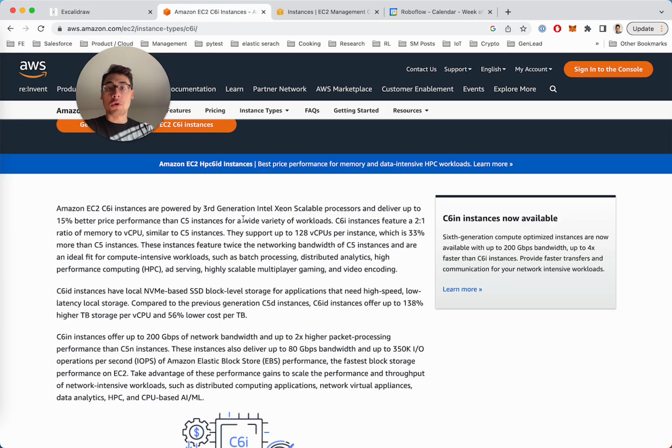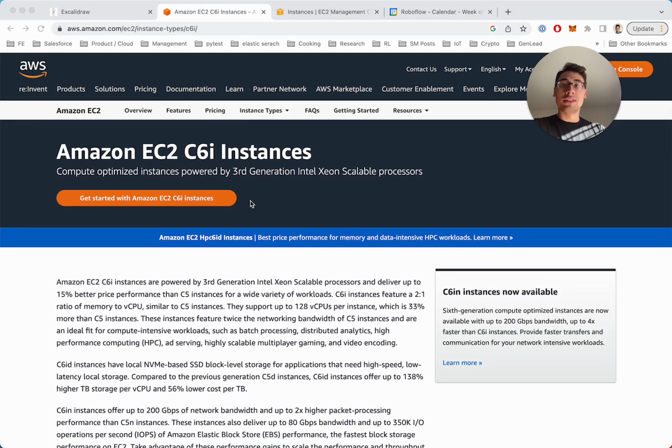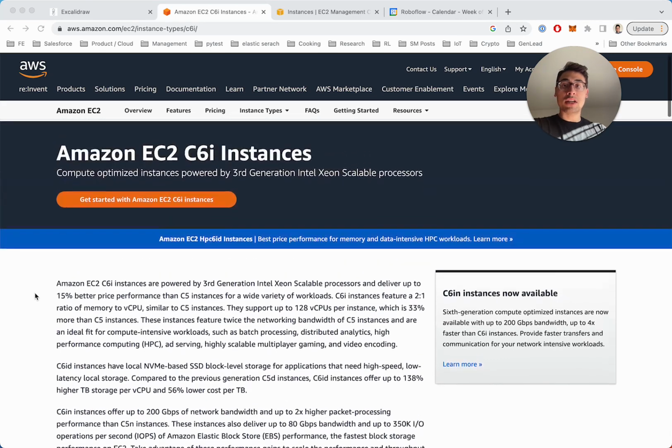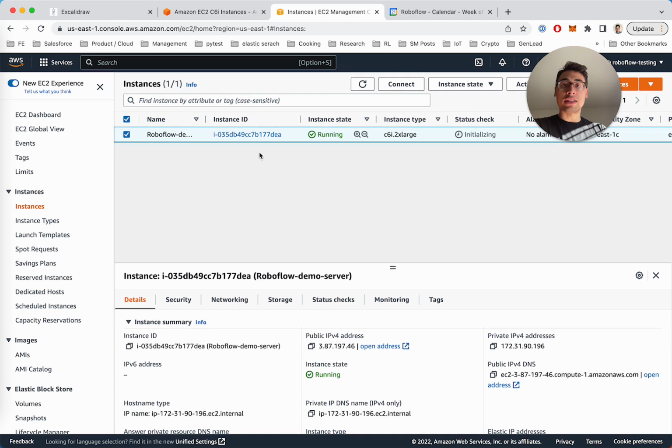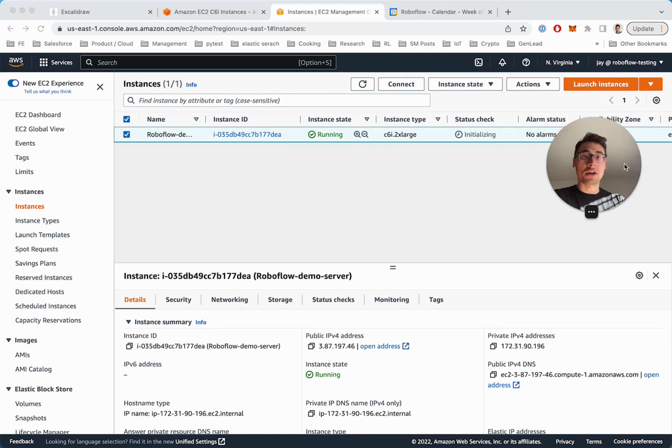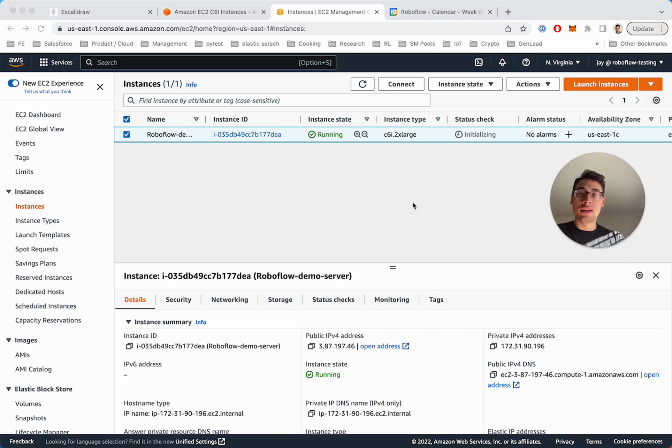If you want to learn more about the EC2 C6i instance, it's very easy to get started. All you have to do is grab one of these instances and spin it up on AWS, right? Here I have an AWS EC2 C6i 2x large instance running. Once I have this instance running, it's just a virtual machine, so I could remote into it. I can get my application running on it.